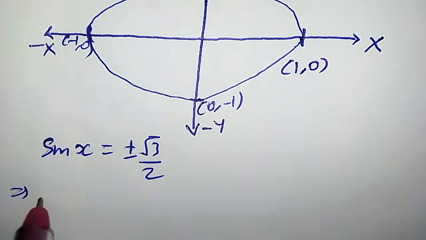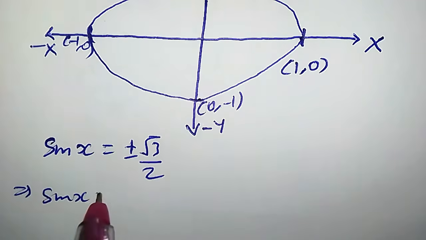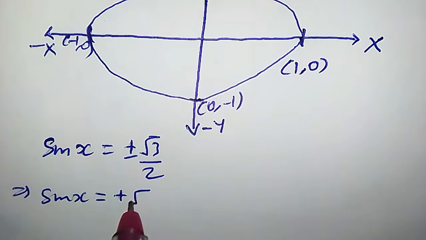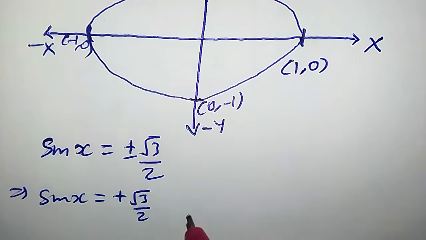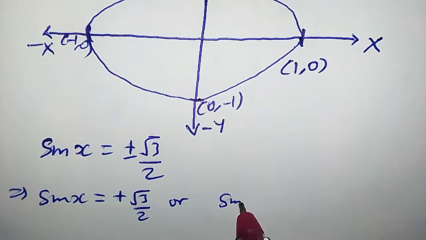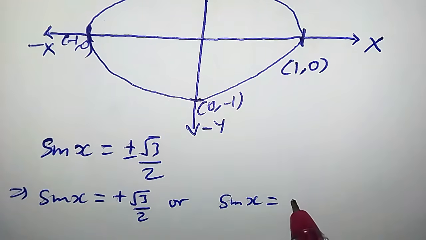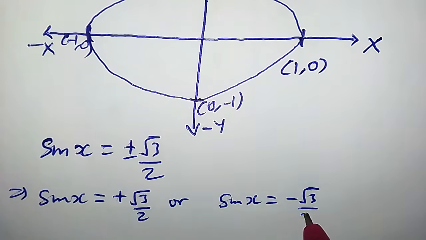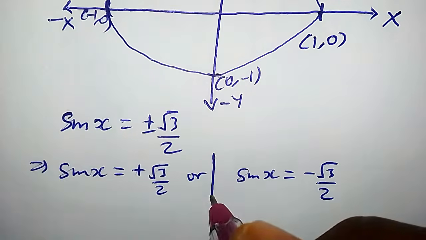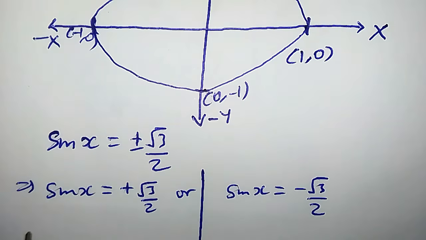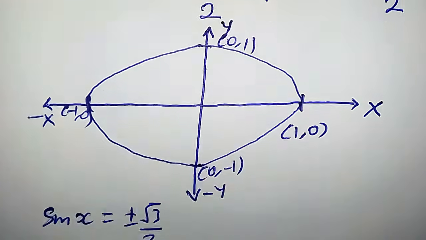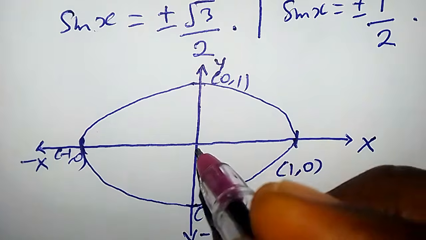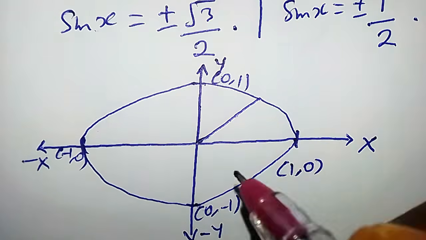This means that sine x is equal to plus root 3 divided by 2, or sine x is equal to minus root 3 divided by 2. Let's separate this. First, let us consider sine x equal to plus root 3 divided by 2. That means we are going to have a straight line here.